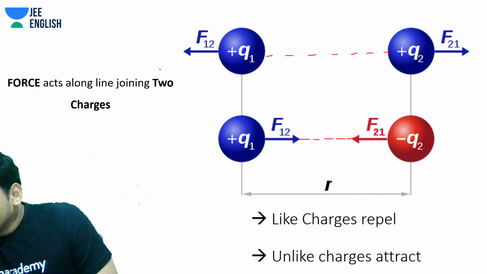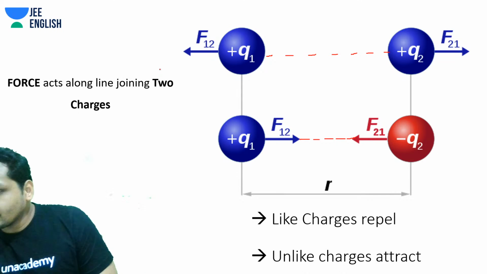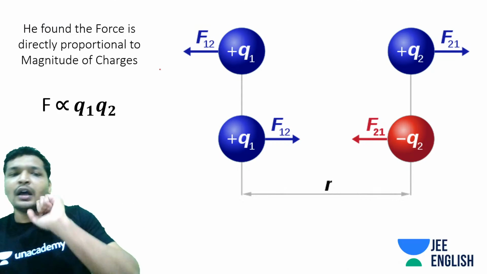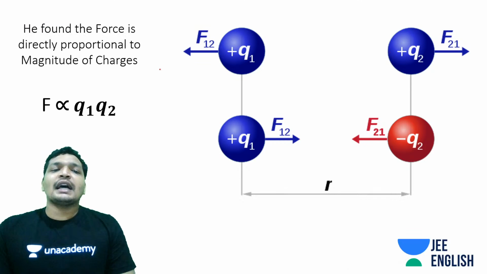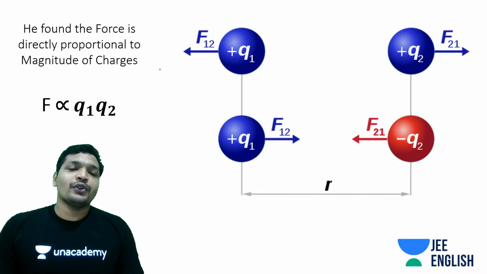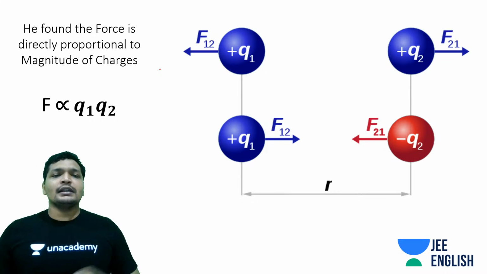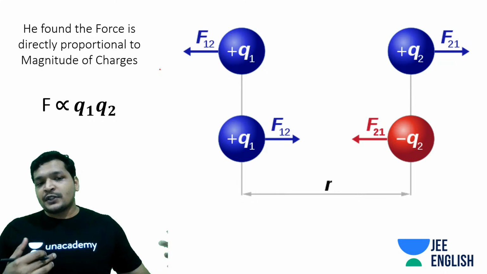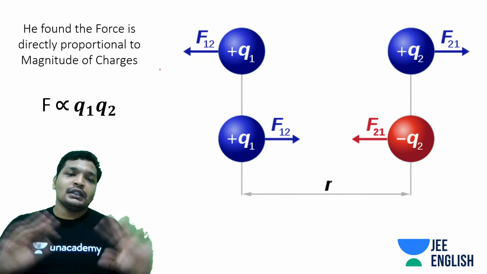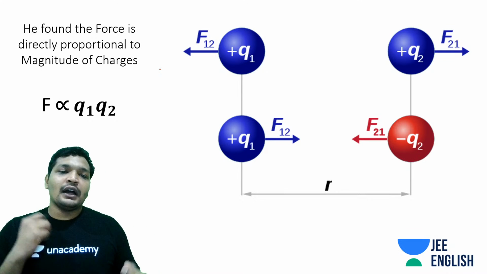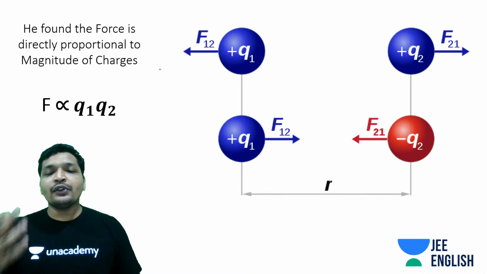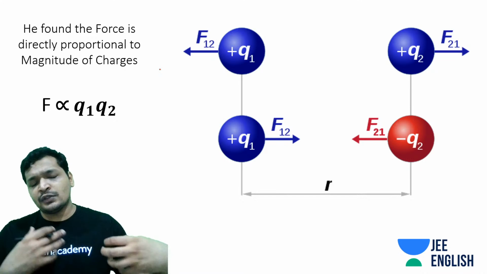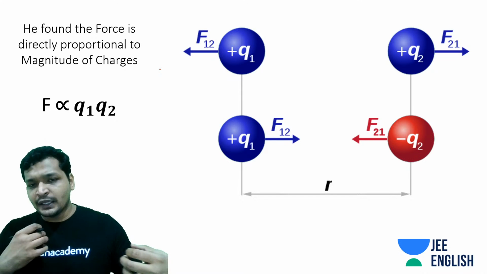And the thing is, the force is directly proportional to the magnitude of charges, right? He also observed that the electrostatic force increased when he increased the magnitude of charge. In that case, both were like charges, so they were repelling.